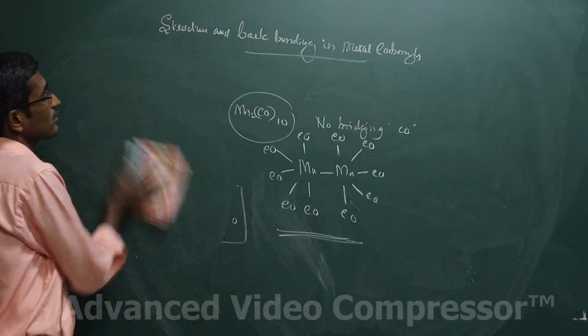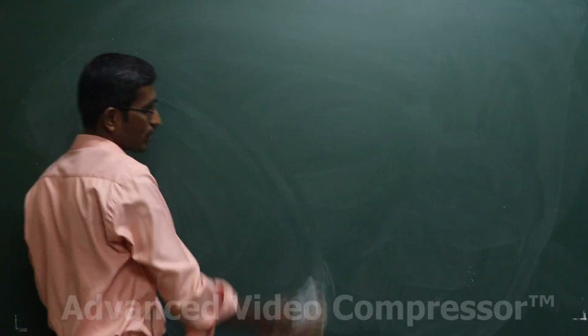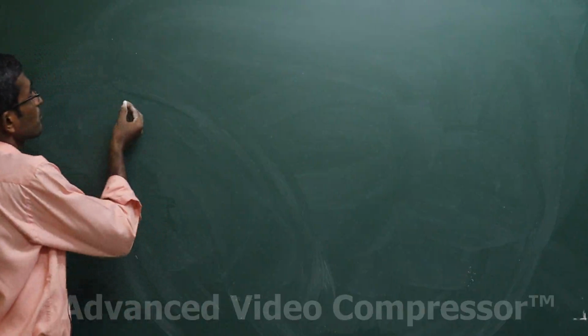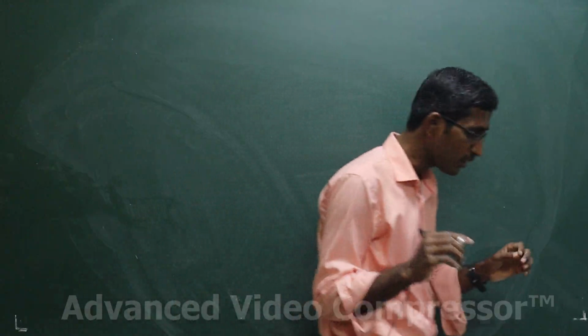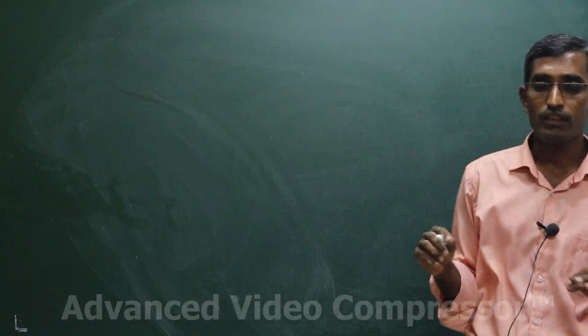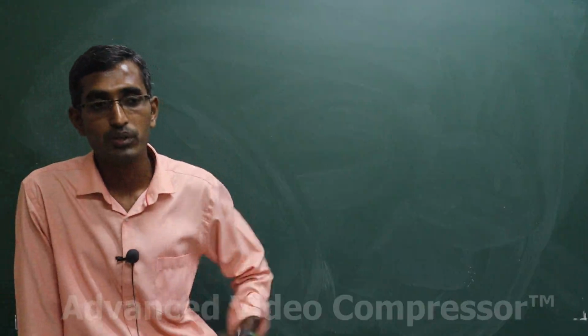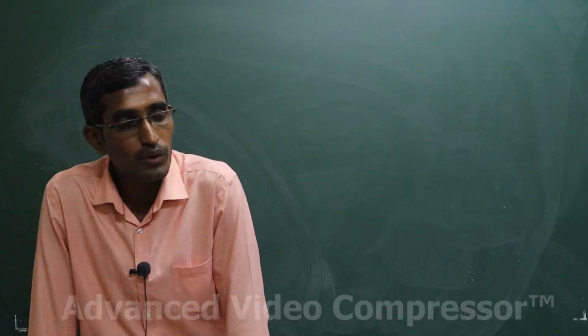The important aspect in this is the back bonding. The back bonding part has been asked a number of times. Regarding back bonding in carbonyl complexes, if you see the spectrochemical series, you will observe one thing. Although CO is a neutral ligand, it is placed at the bottom of the spectrochemical series, or in other words, CO is the strongest ligand.